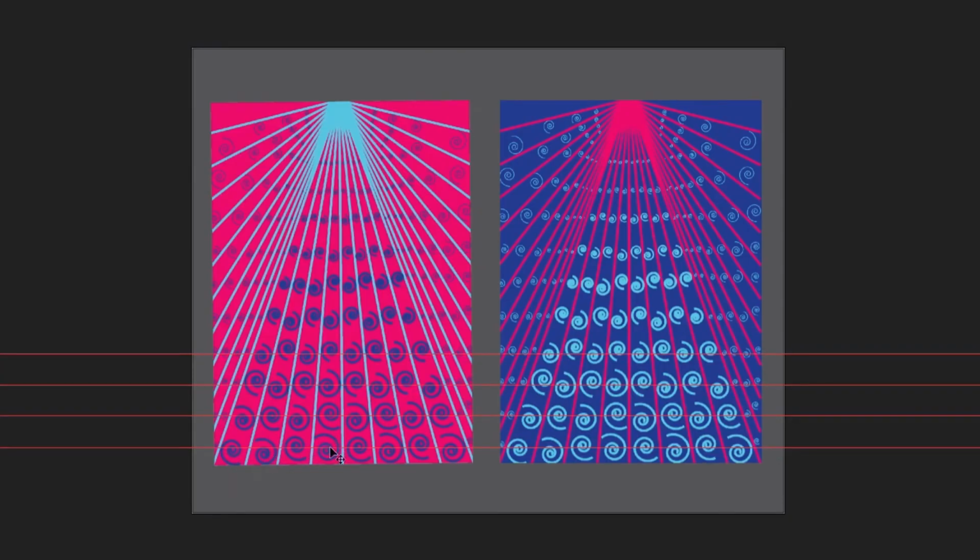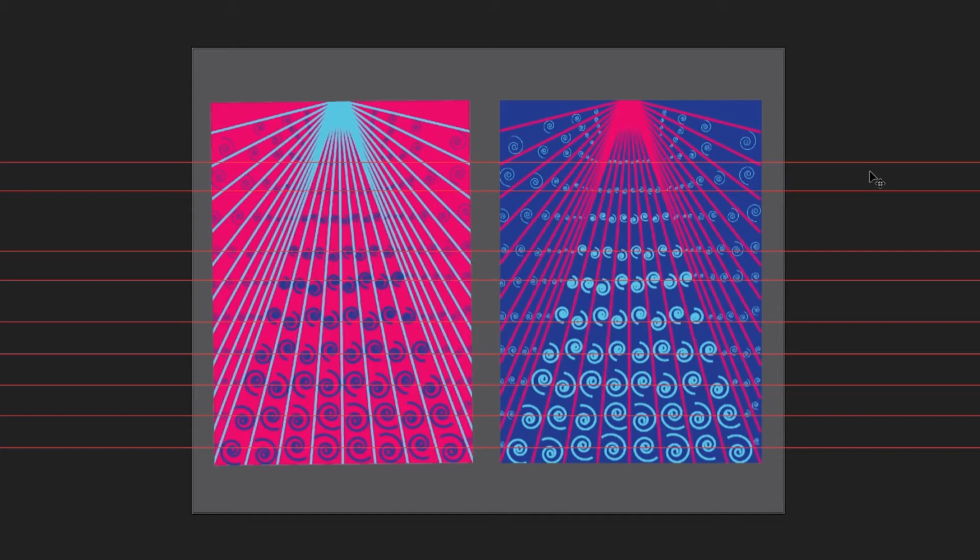So you can see if we take the centers of the spirals, they bounce all over the place in relationship to the grid line. So it could have been a little more precise, and given the fact that it was done in a digital medium, in software, it should have been more precise.